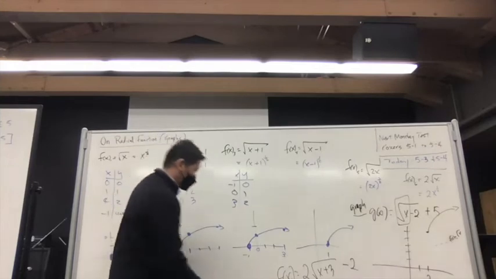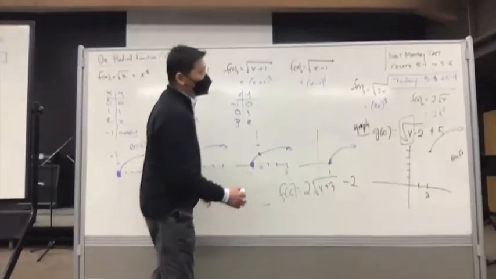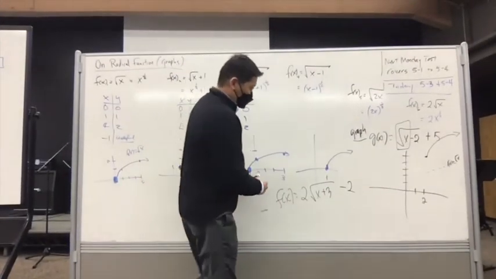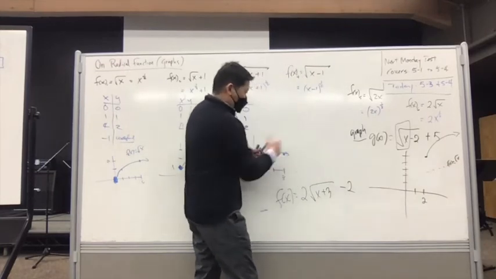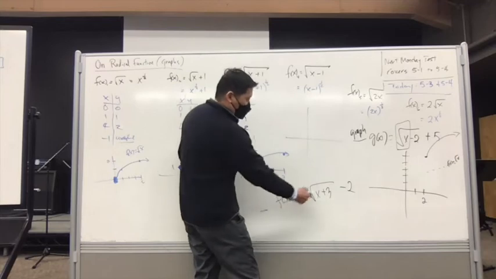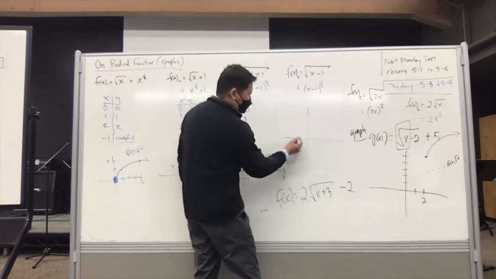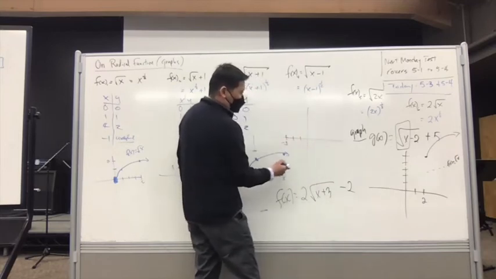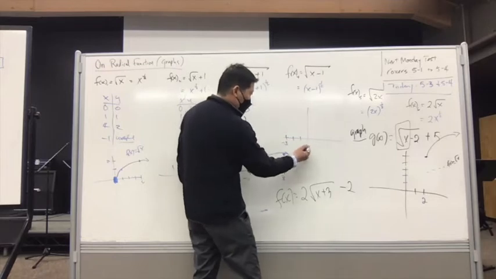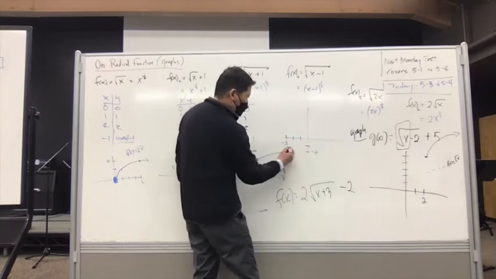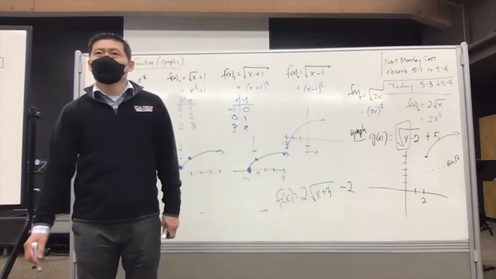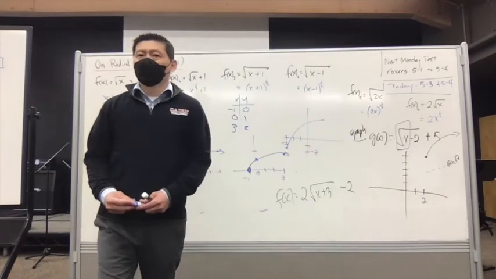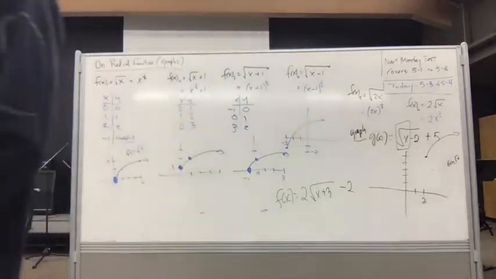I think this might not be easy to see. Let me just erase this part. This will be to the left 1, 2, 3, negative 3, and then to the bottom 1, 2, negative 2, and then go faster, like this. Okay, go like that.